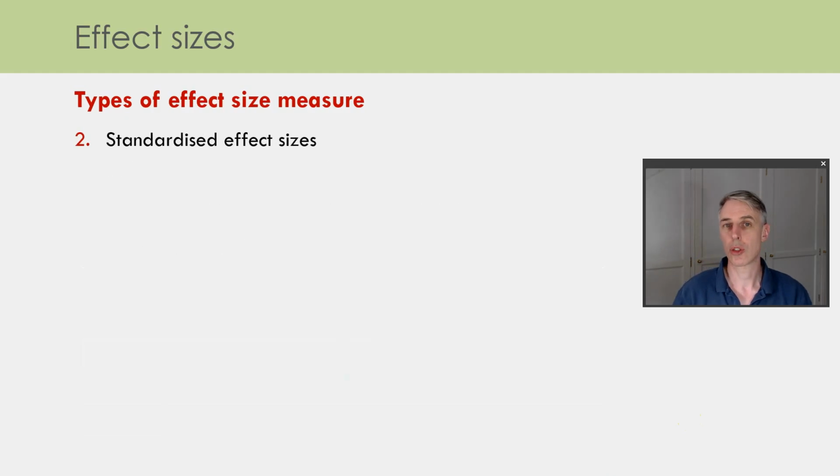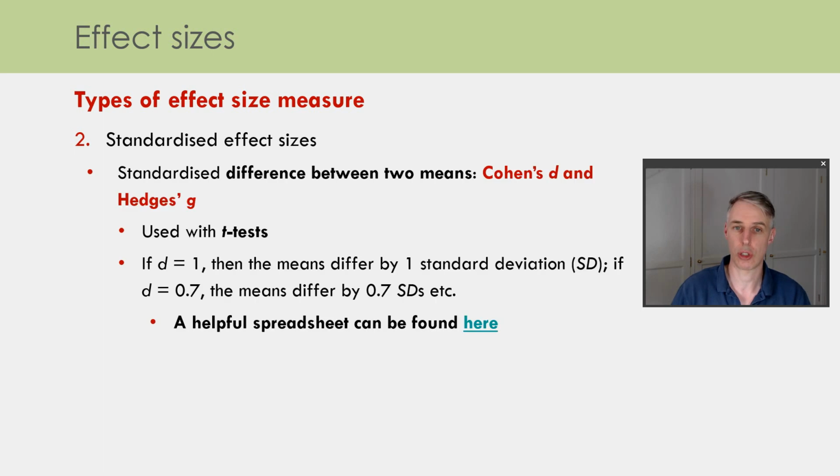The second main family of effect size measures are what you might call standardized effect sizes. By standardized, I mean they think about effects in terms of standard deviations. One quite common type is the standardized difference between two means, for example a Cohen's d or Hedges' g.